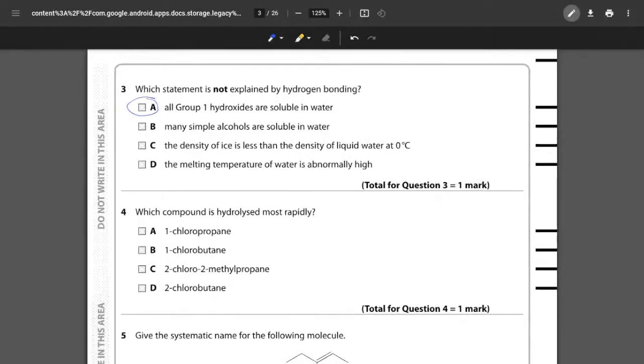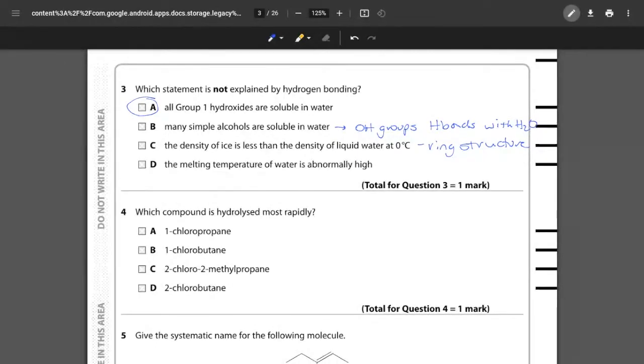So for B, the fact that many alcohols are soluble in water, well, that must be due to hydrogen bonding because you have your OH groups forming H bonds, or hydrogen bonds, with the water. So we have an interaction from our hydroxyl group. The density of ice being less than the density of water, well, that's again due to the hydrogen bonds holding the water molecules in this ring structure, which creates these open spaces, meaning they pack less, so it has a lower density.